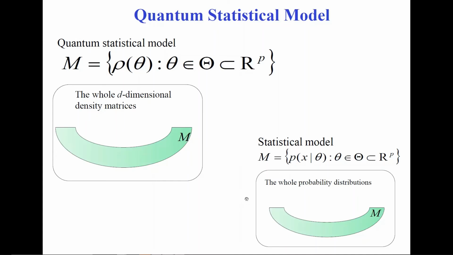We consider the whole probability distribution denoted by the white panel, which is maybe very large. But we often assume a statistical model, which is denoted by the green surface. And we focus on this model. The situations are very similar to each other.